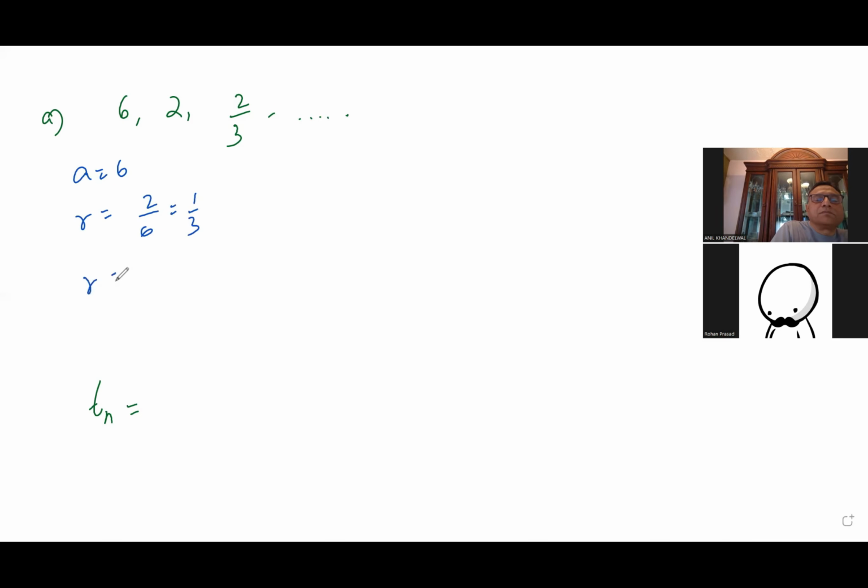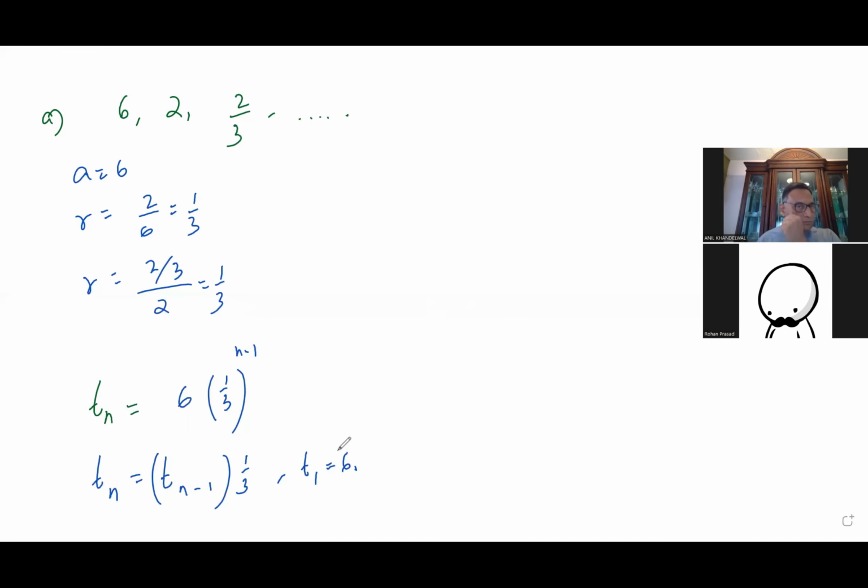Right. Correct? So every number is 1/3 of the previous number.